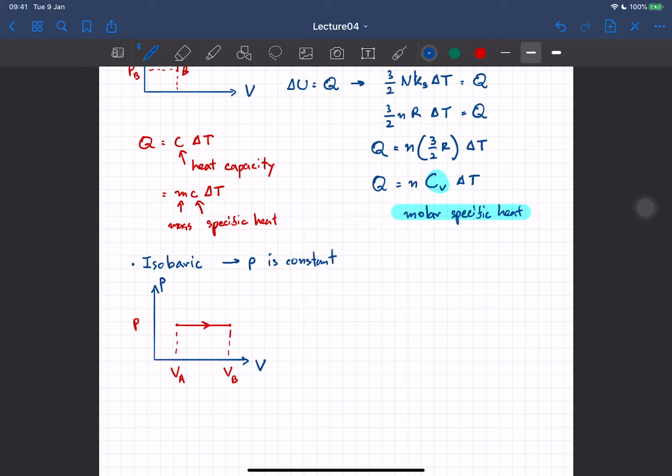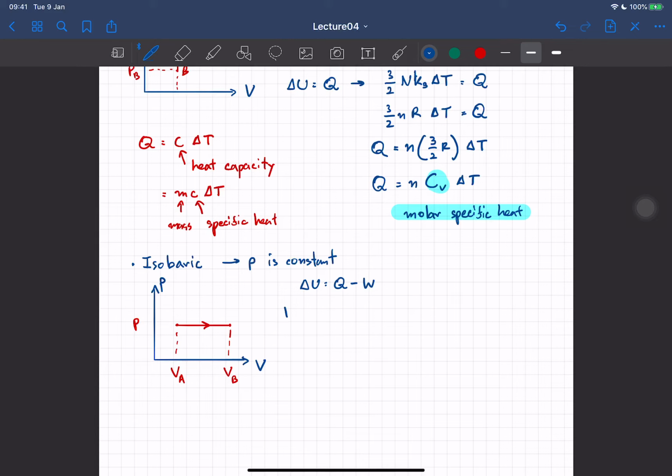Now it's clear that work is not zero, because you have the area under the curve, which is a rectangle here. So now, if we want to use delta U equal to Q minus W again, let's do it one at a time.